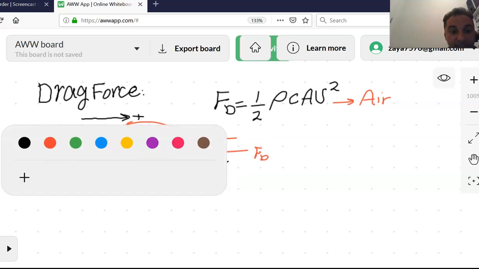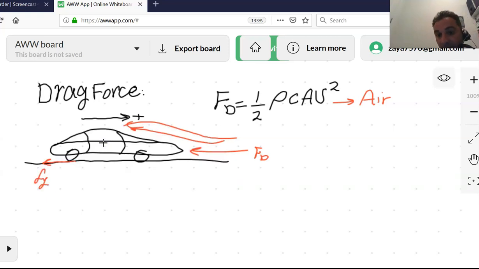So this Ft depends on, if you see here, the density of the gas, the density of the air that we go through. So rho is called density. And C is the same as mu Fn.